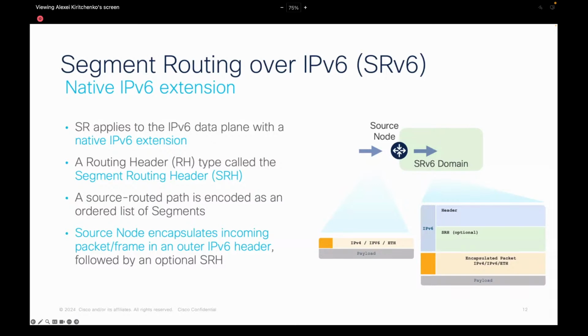So when a packet or frame arrives at the source node, it is encapsulated within the outer IPv6 header. This encapsulation may also be accompanied by an optional SRH, depending on the network or SLA requirements, thus ensuring optimal routing efficiency and accuracy.